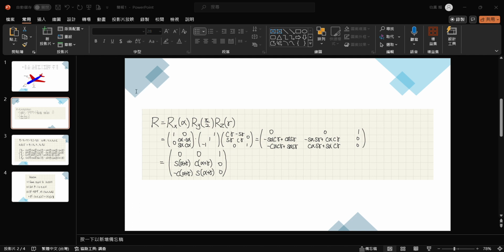But if the initial condition changes to 90, which means pi divided by 2, and the y-axis remains constant, we'll see that the z-axis has been changed to the x direction, while the other two axes will only change and remain on the same plane, which we can see from above. Yes, the two axes are only rotating in the same plane.